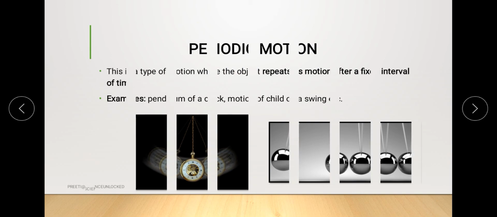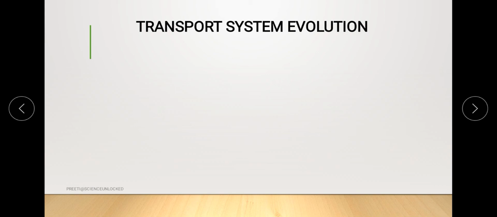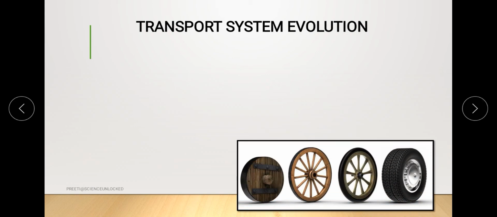Now let's have an idea of how exactly the whole transportation system has evolved over time. Initially man was obviously not as smart as he is today, so he had to undergo different evolutionary changes, and as per the mind of the human being, the applications they use in day-to-day life also evolved.